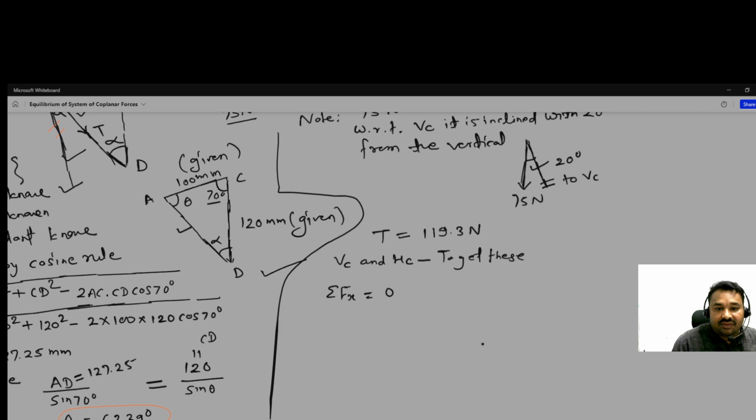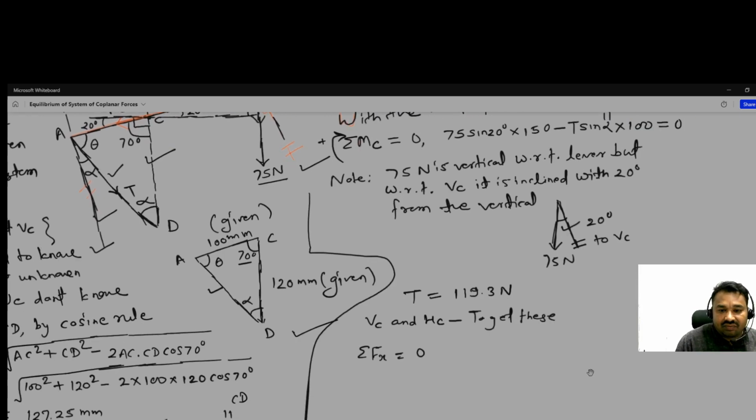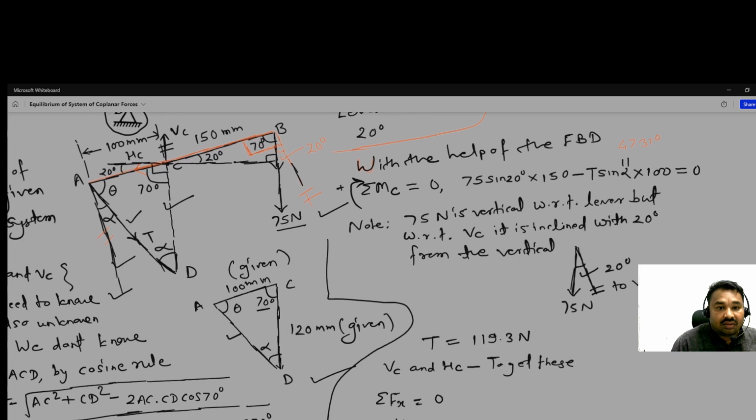Then the same, what we have to do, the reaction we have taken in negative direction, so that's why HC, and we have to take minus HC plus this T, and this T is inclined with alpha degree to the vertical, so that's why sine alpha we have to take.